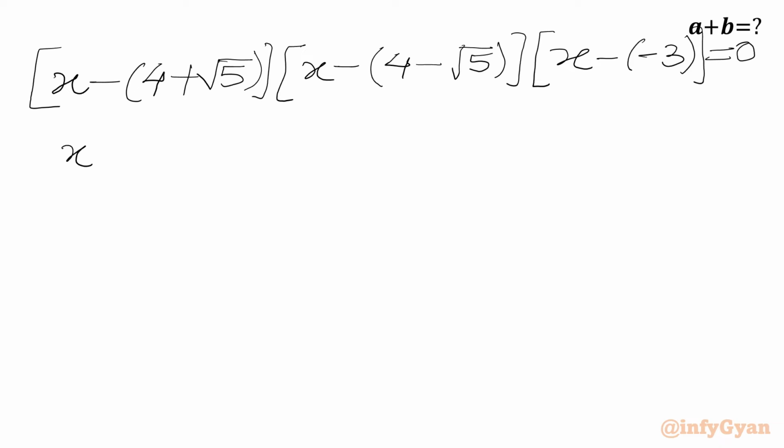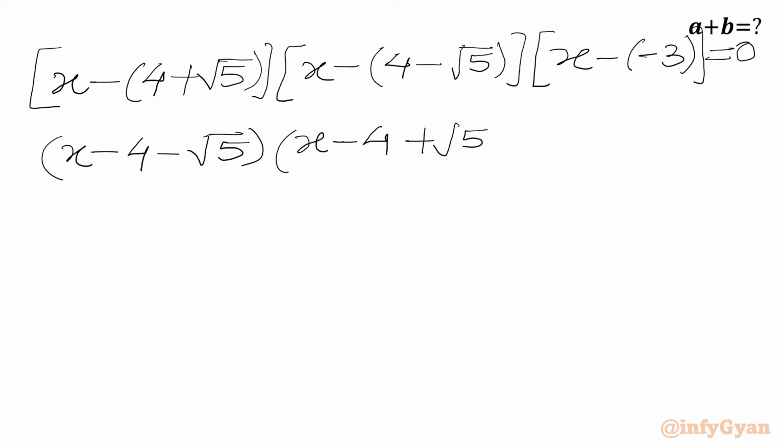Now we can write x minus 4 minus root 5 times x minus 4 plus square root 5 times x plus 3 equal to 0.